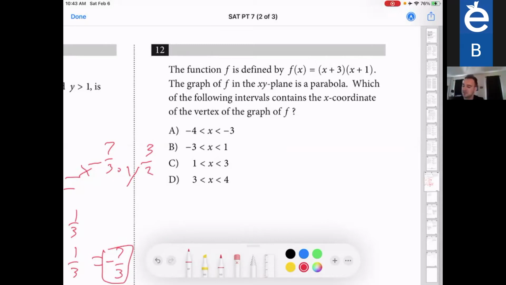So let's think about this. We know we have a parabola. We don't know necessarily if our parabola might line up perfectly with the y-axis, right? It will be perfectly symmetrical. Let's say it does, but it's not exactly relevant to the question.